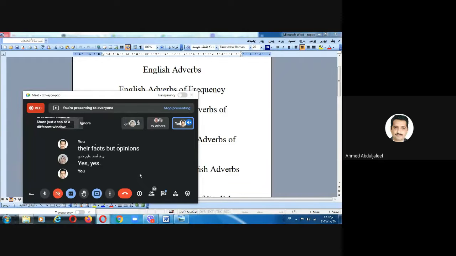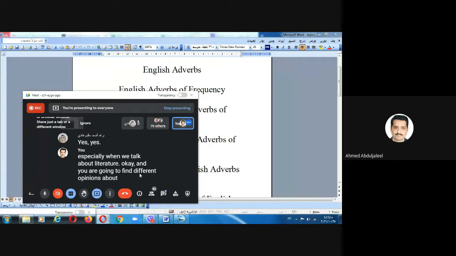But opinions, especially when we talk about literature, you are going to find different opinions about the topic that you have. When we are talking about a novel, you may find different opinions about the analysis of certain characters, or even the theme of the novel.